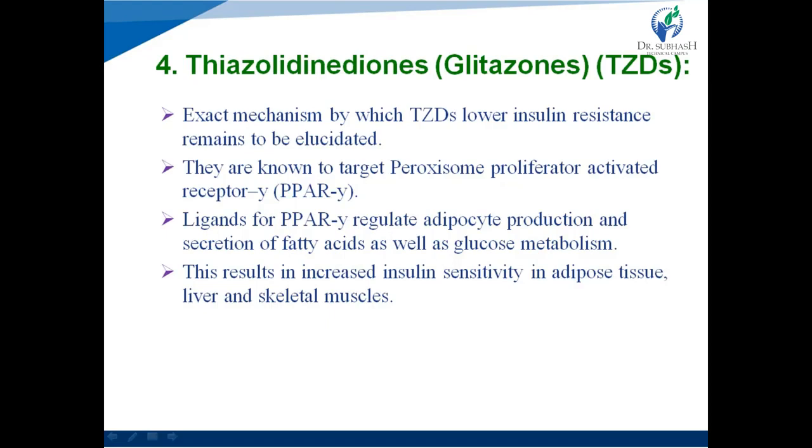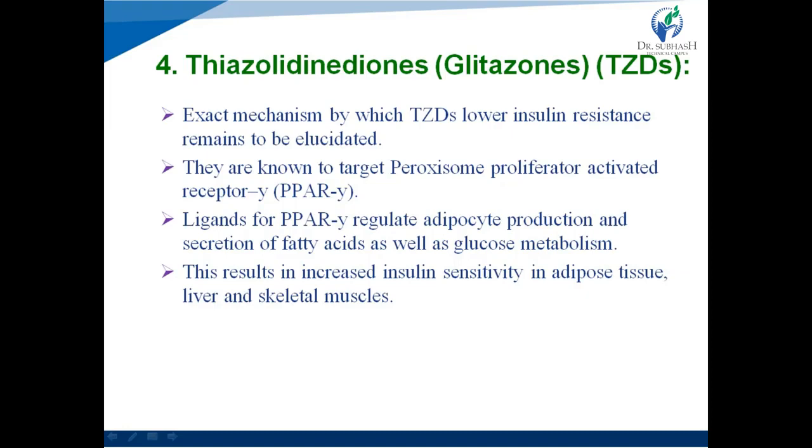Fourth class is thiazolidinediones, also known as glitazones or TZDs. The exact mechanism by which thiazolidinediones lower insulin resistance remains to be elucidated, meaning it is not clear. They are known to target PPARY, meaning peroxisome proliferator activated receptor Y. Ligands for PPARY regulate adipocyte production.